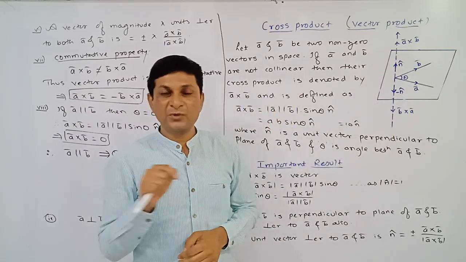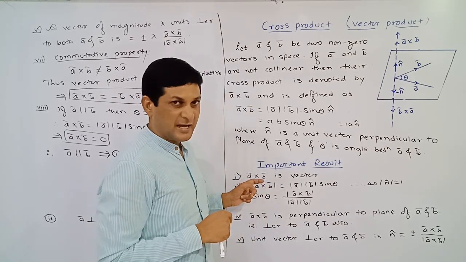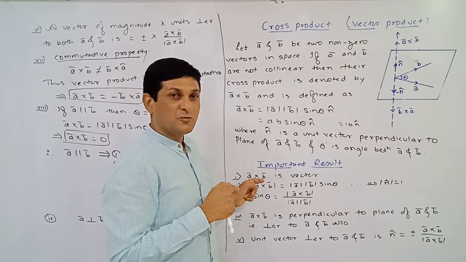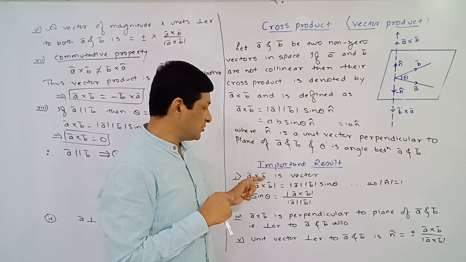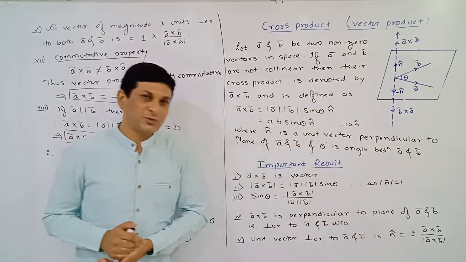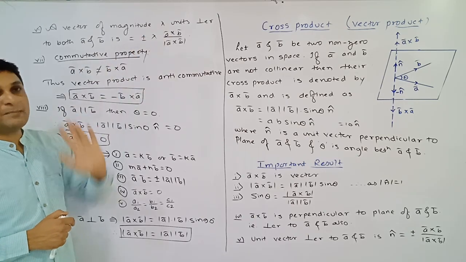To find a unit vector perpendicular to a bar and b bar, first find a bar cross b bar, which gives one vector perpendicular to a bar and b bar. And to find the unit vector, divide this vector by its magnitude. Now, sometimes a question may be asked to find a vector of magnitude lambda units perpendicular to a bar and b bar.